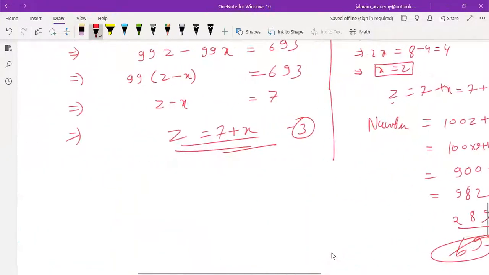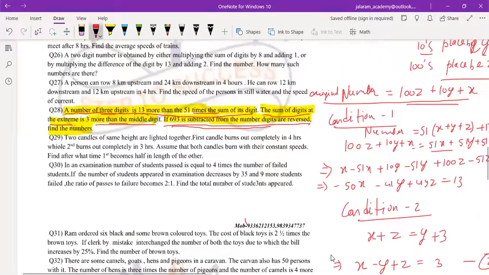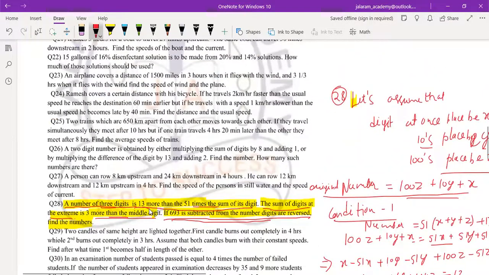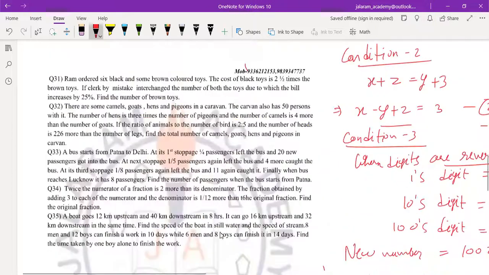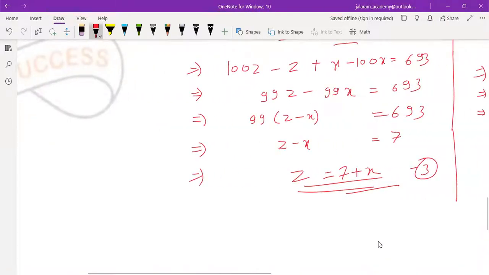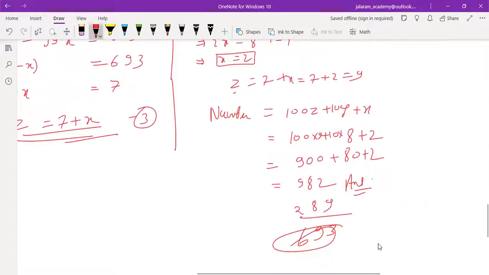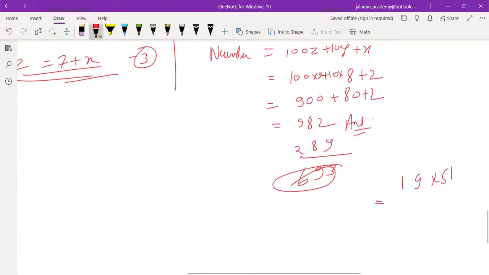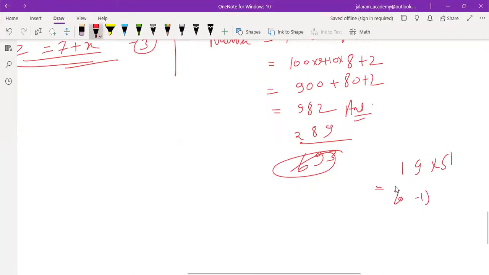And check the other conditions also. 13 more than 51 times the sum of digits. Sum of digits, add them. Add all the digits, 19 into 51. So it is 20 minus 1 into 51. That is 1020 minus 51.